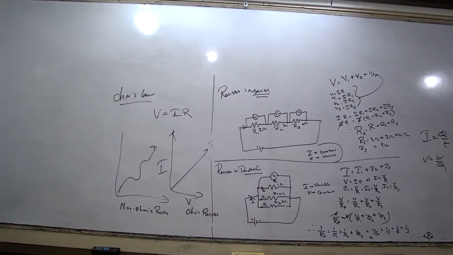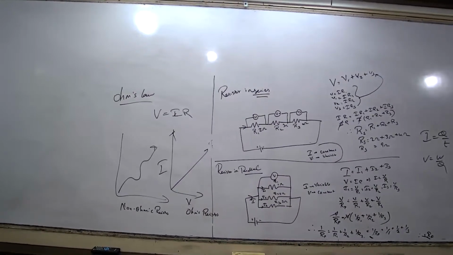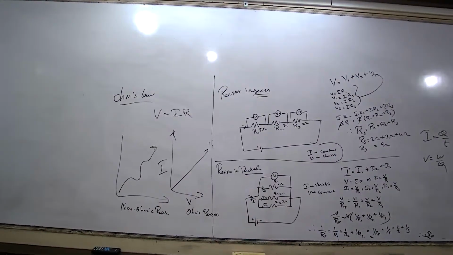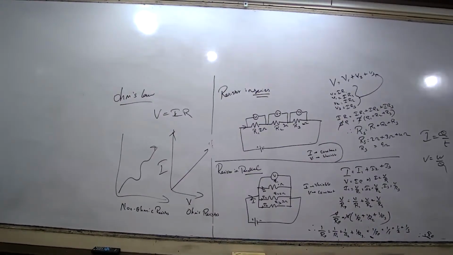Heat, magnetic effect, chemical effect, all of these. When all of these options come in, you people tell me that all of these are right. You have to know all of these questions.